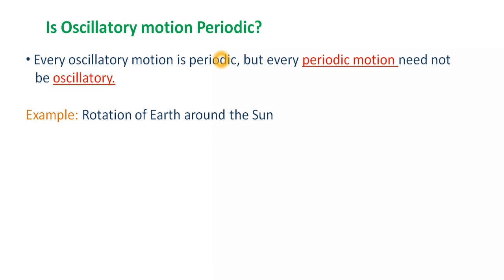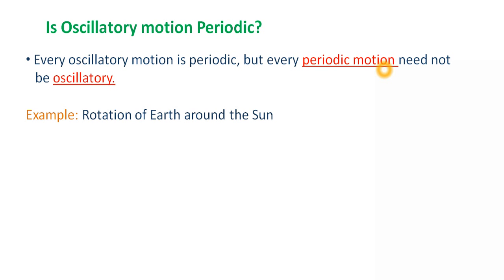That means for every oscillatory motion, it will be happening at equal intervals of time. But that doesn't mean every periodic motion needs to be oscillatory. Now what do we mean by periodic motion? As I told you in the previous lecture, in periodic motion equal distances are covered in equal intervals of time.